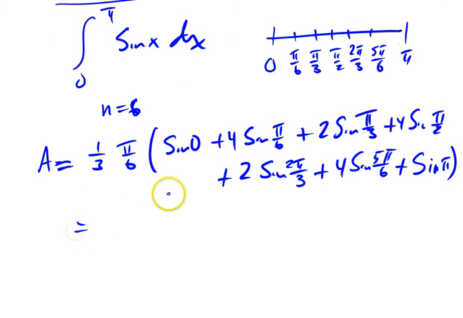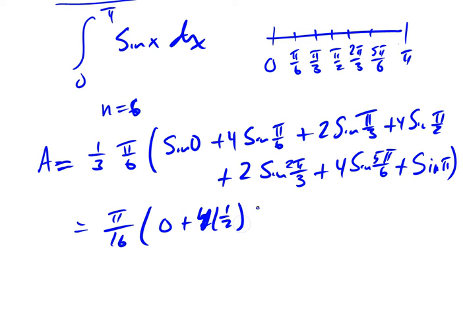So, doing a little bit of work here. I got pi over 18 times. Sine of 0 is 0. Sine of pi over 6 is a half. So, sorry, 4 times a half. No, wait, that's not right. It's square root of 3 over 2. What am I talking about? Square root of 3 divided by 2.